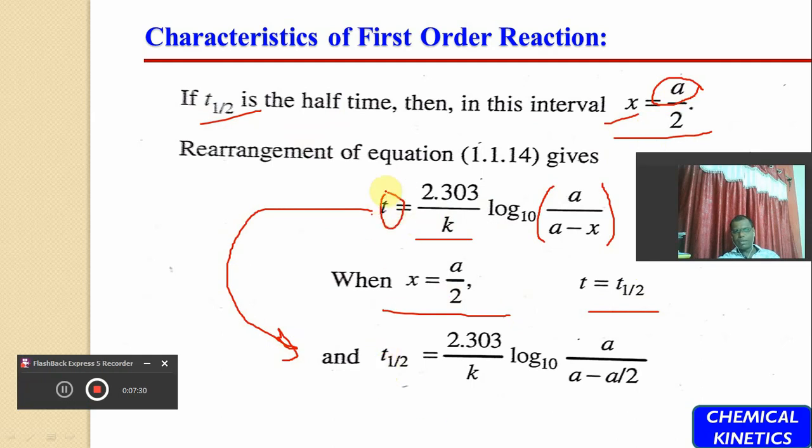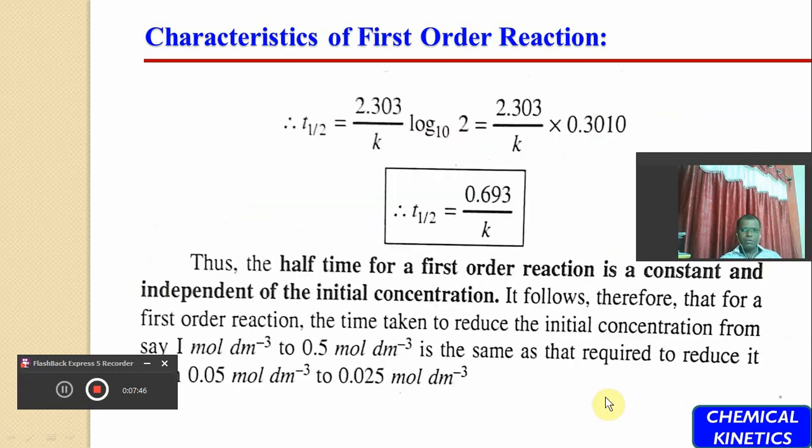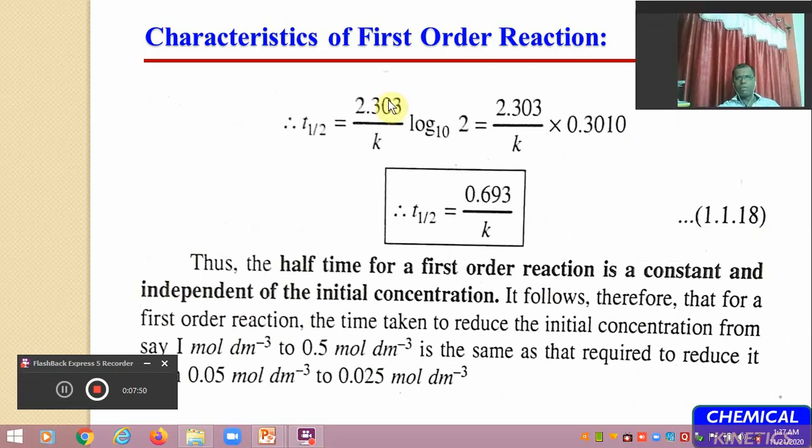T is replaced by t1 by 2, equal to 2.303 upon k into log of a upon a minus x, where x is replaced by a by 2. After simplifying all these terms, we will get t1 by 2 equal to 2.303 upon k log to the base 10 of 2, because it is simply a upon a by 2.